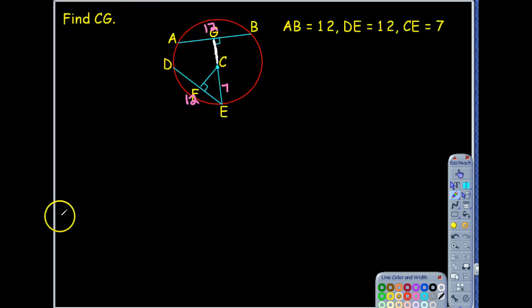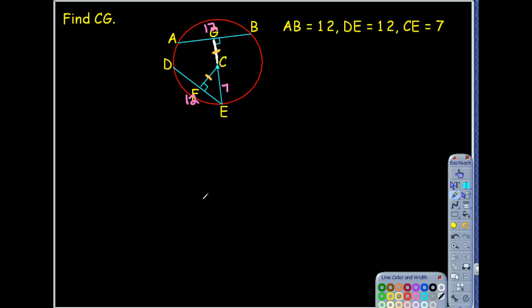Since AB and DE are congruent, that means segment GC and segment CF are congruent. Now, the reason why I point that out is because if we can find CF, I can find CG. And the reason why I'm leaning towards that is because they give you something about CE that is related to CF.